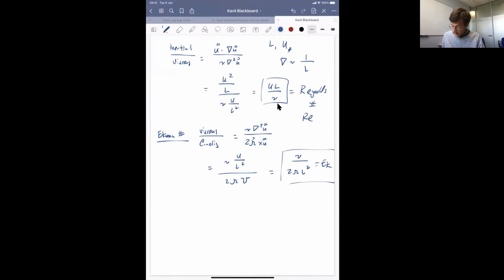And then the other one that we'll talk about a lot today is the Rossby number, which is just the ratio of the inertial to Coriolis forces.